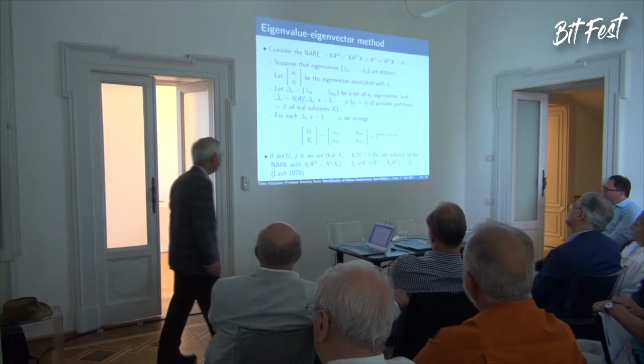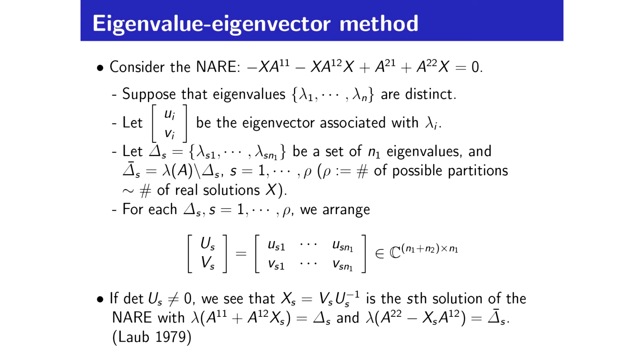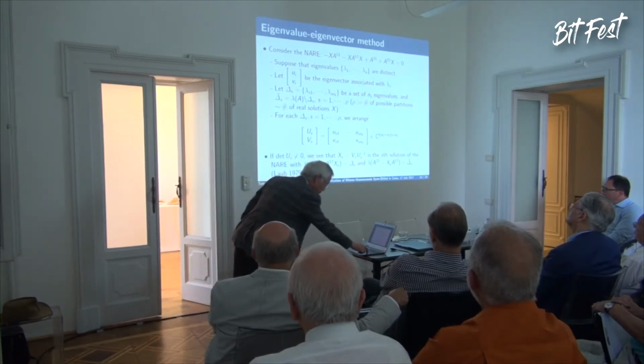Arranging the eigenvectors in this way, if the determinant is non-zero, then we have the solution in this way. And this is a feedback matrix whose eigenvalues belong to this S1. We use this technique.